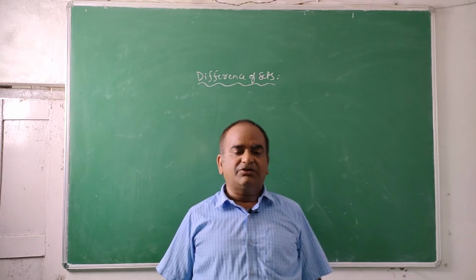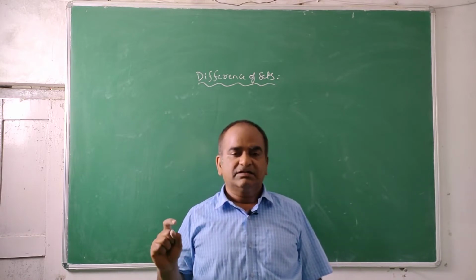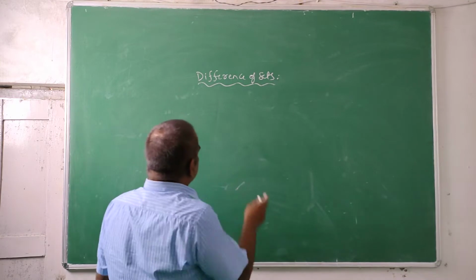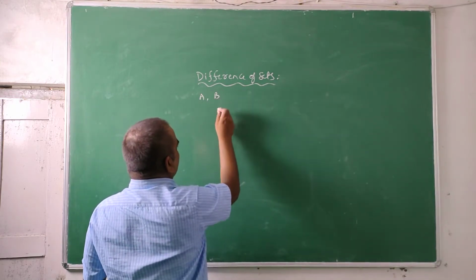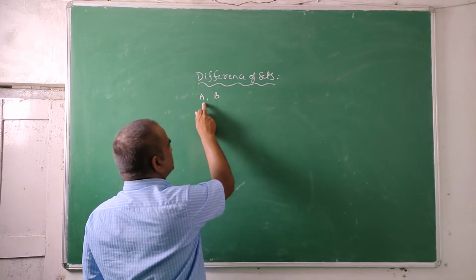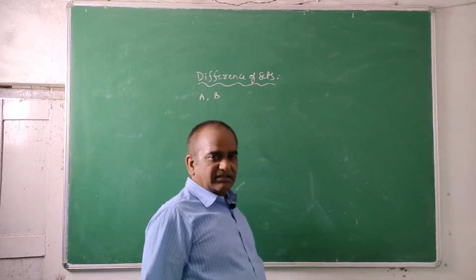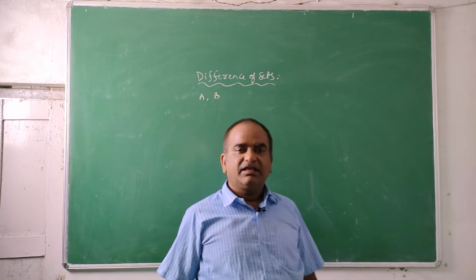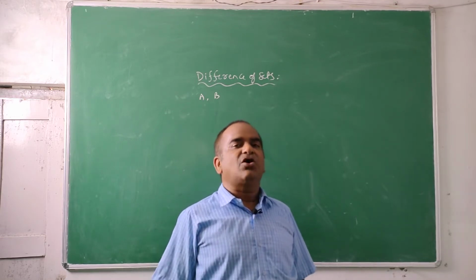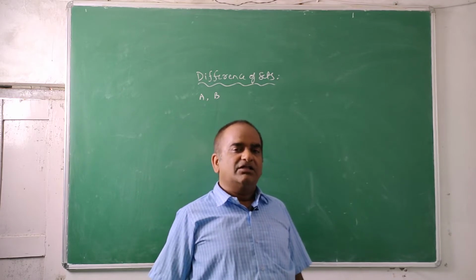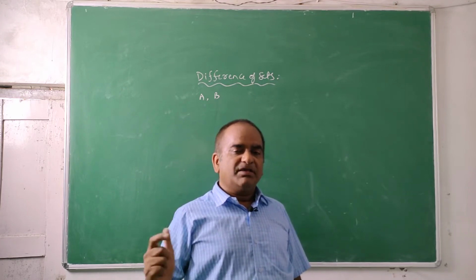Say A and B are two sets, then if you collect all the elements which belong exclusively to A, that is called A minus B, and if you collect all those elements which belong exclusively to B, those are called B minus A. That set is called B minus A.